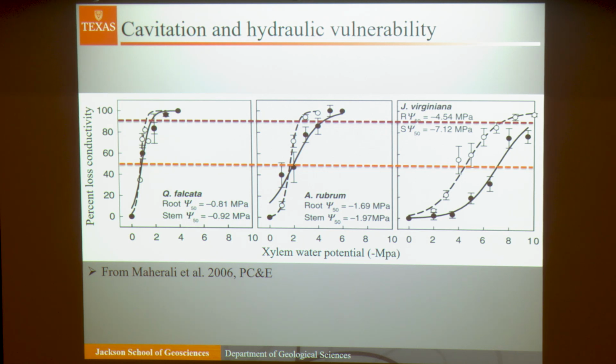And so in terms of this safety-efficiency trade-off, the basic theory behind this is that if you have big vessels, like those ring porous xylem vessels that are very large and you're very capable of transporting a lot of water quickly, do you sacrifice being safe from embolism? And those vessels are frequently the first to embolize. But if you have smaller vessels that are more resistant to embolism, are you not as able to transport water quite as well as those big vessels? And so that's the essence of the safety-efficiency trade-off.